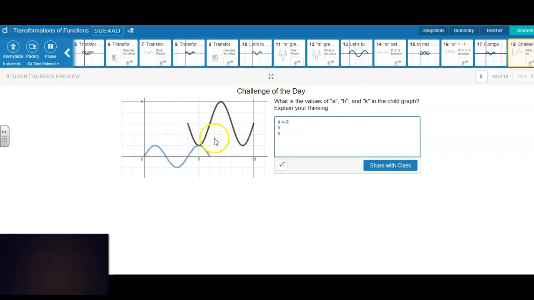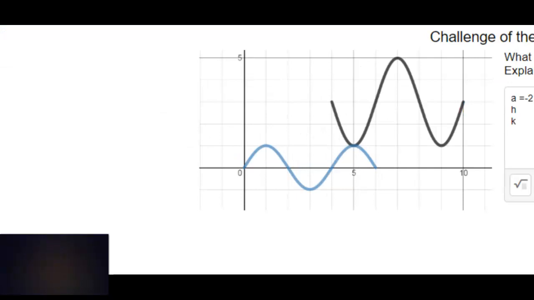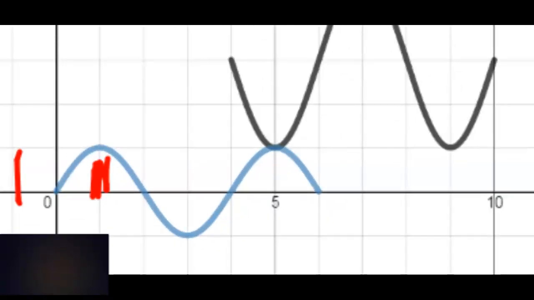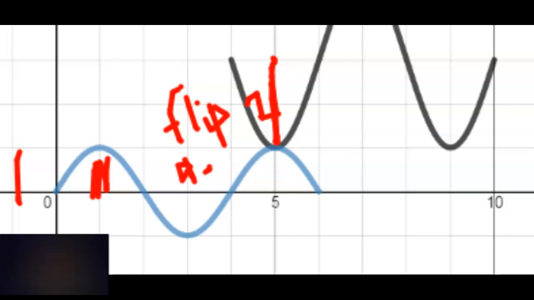You see how the peak is on the top, and now here the peak's on the bottom, and it's a vertical stretch by a factor of 2. So we flipped it upside down, which makes A negative, and it's a 2 because of the factor of 2.